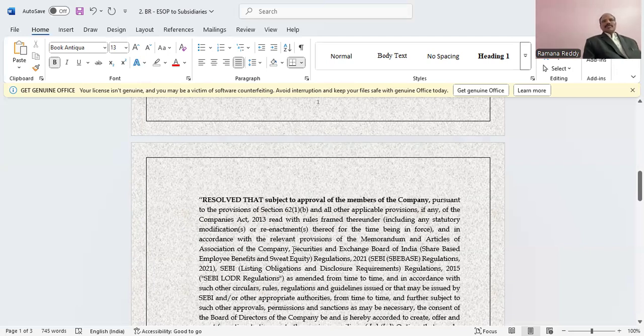So we are talking about a listed company and a proposed to be listed company, so SEBI will come into the picture.